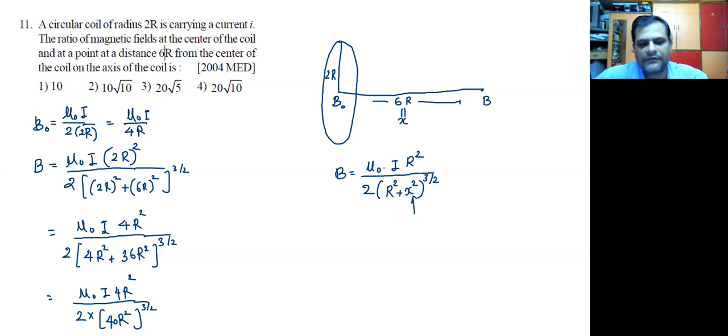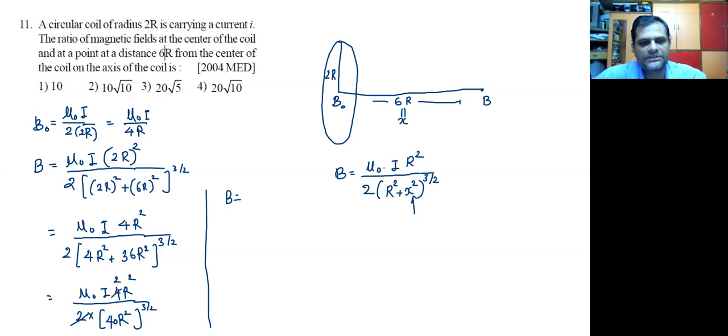And then we can just simplify this further and get this B to be simply equal to 4 mu naught I into r square, which is to be divided by, here it is 2 is just kept as it is, and let us cancel this 2 and 4 out. यहाँ पे हम क्या करेंगे, 4 को और 2 को कैंसिल कर देंगे, ये 2 जो है वो इस 4 के साथ कैंसिल होके 2 बचेगा.